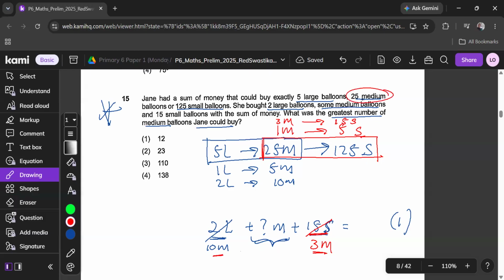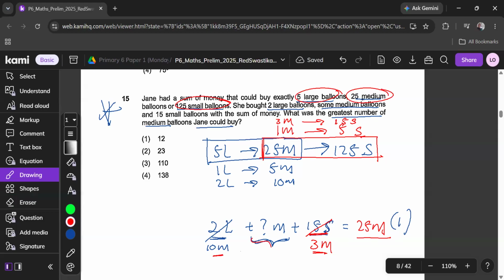Isn't that 25 medium? I can use my money to buy 5 large or 25 medium or 125 small. But because I want to know how many medium, I should put down the total 25 mediums. That's the money to buy all the medium balloons, which is 25.